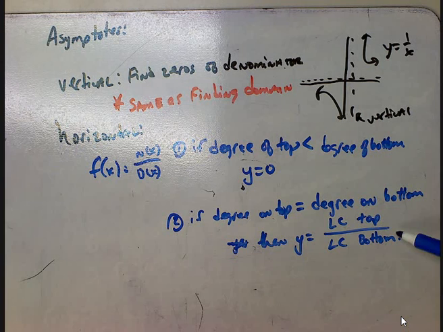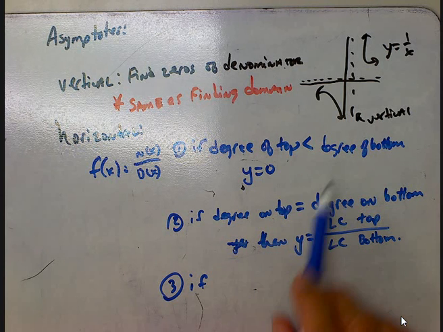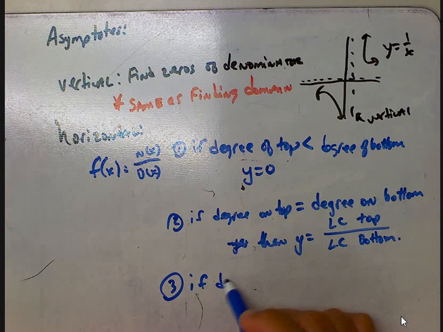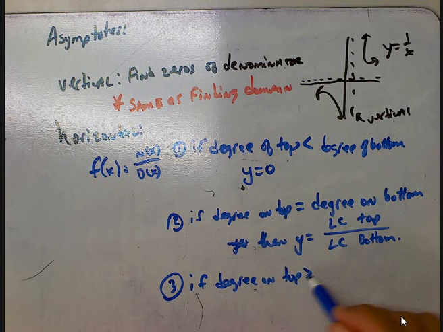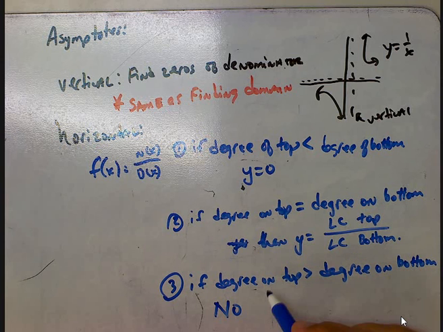And then number 3, obviously the only part left, we have top is less than bottom, we have top equals bottom. If the degree on top is greater than the degree on bottom, then no horizontal asymptote.